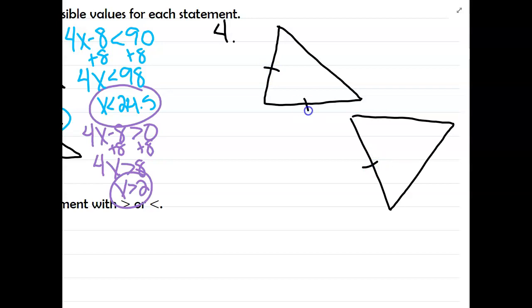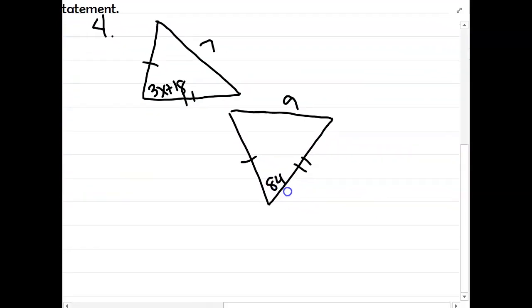And then we're going to make the bottom congruent to this right side. Let's say that that side is 7. This side is 9. This angle in here is going to be 3x plus 18. This angle over here is going to be 84.